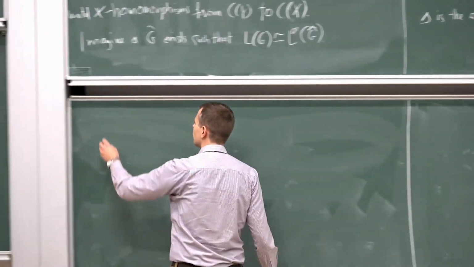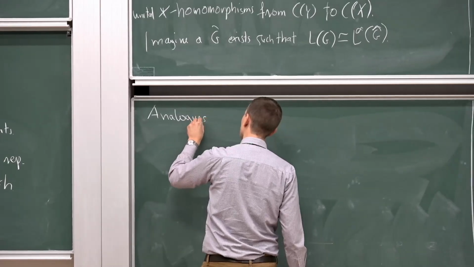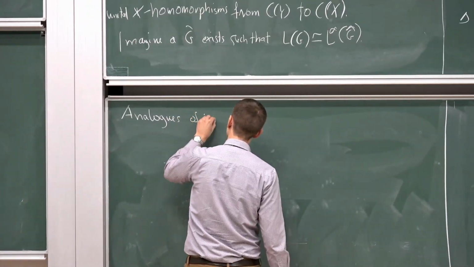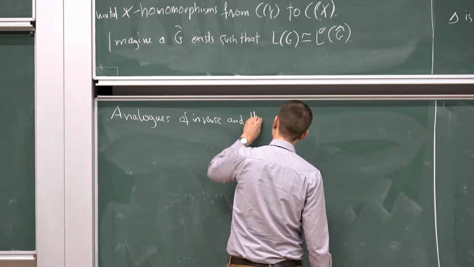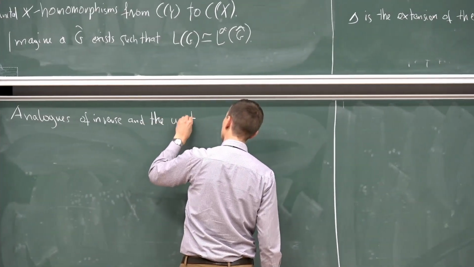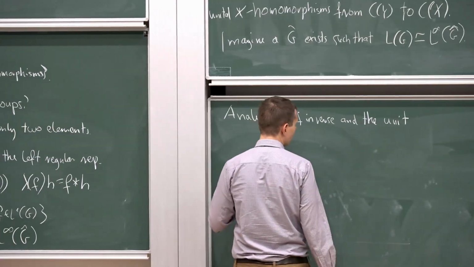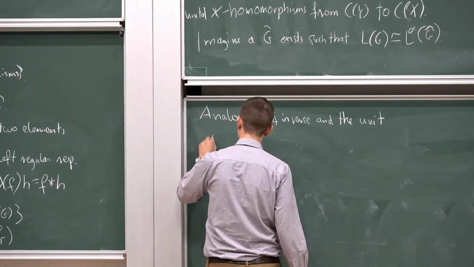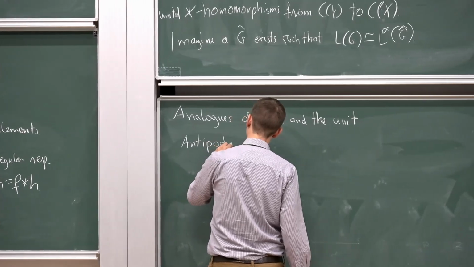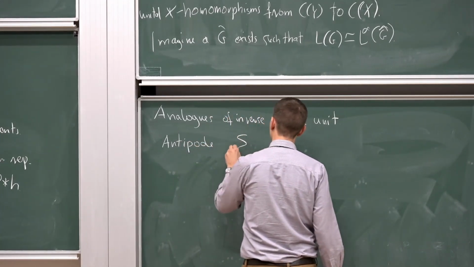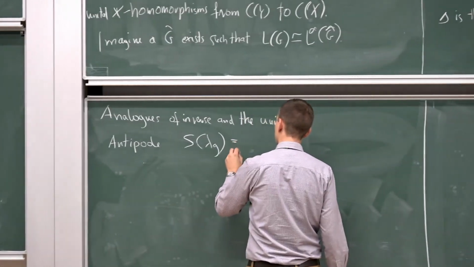So analogs of inverse and the unit. So these are things called antipode. So one is the, this is, yeah, just defined on this linearly dense subset.